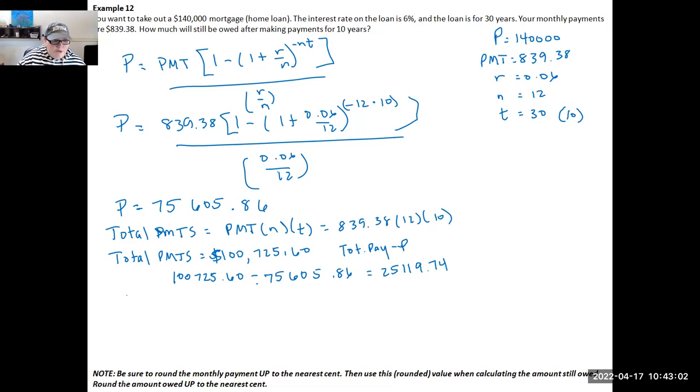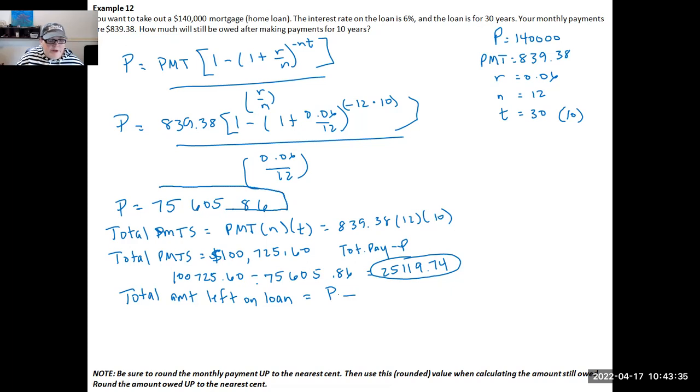Okay, so what are we going to do here? Total amount left on the loan is, you're going to take the original amount of the loan, P minus this number here, which is the total principal paid, which you find by using total paid minus the P from right here. That was for 10 years.